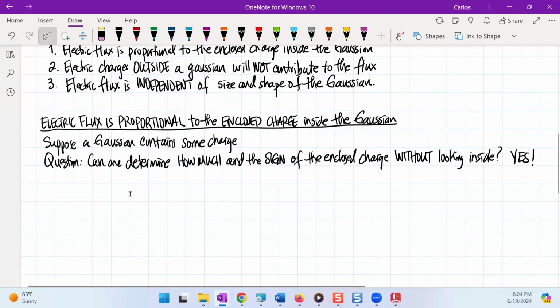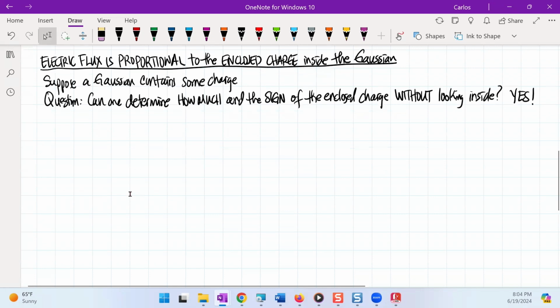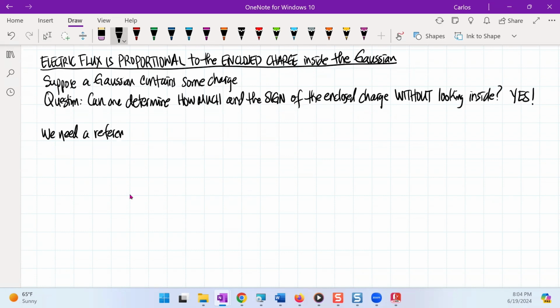Before we answer this question, we need some references. We need a reference that connects the number of field lines to charge.